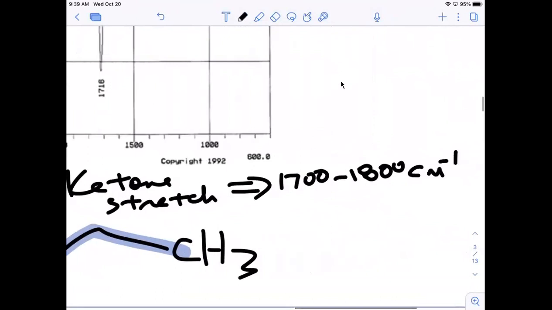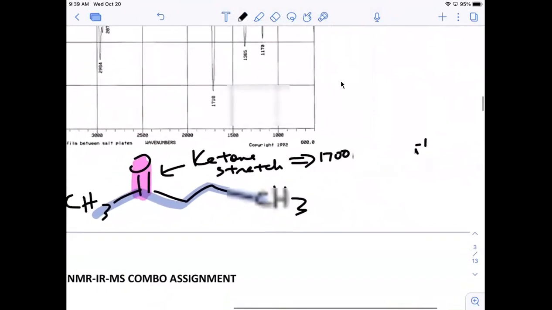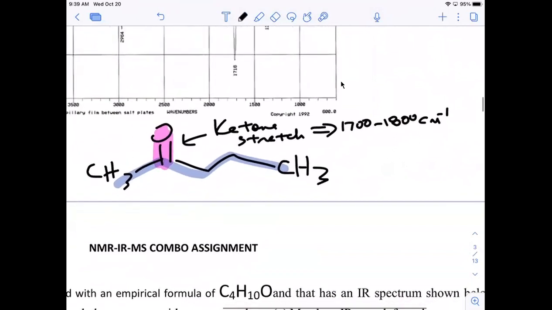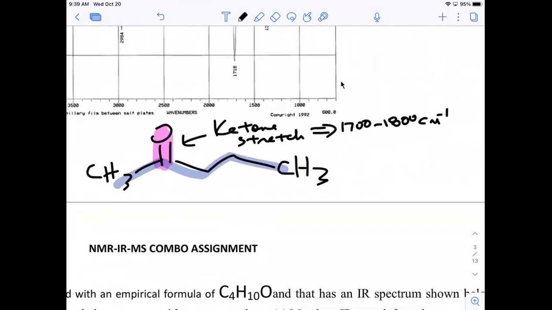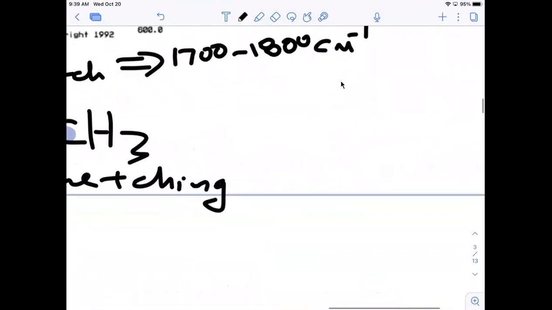That's my units for infrared. And then I'm looking for alkyl stretching. It's going to be somewhere between 2800 and 3000.